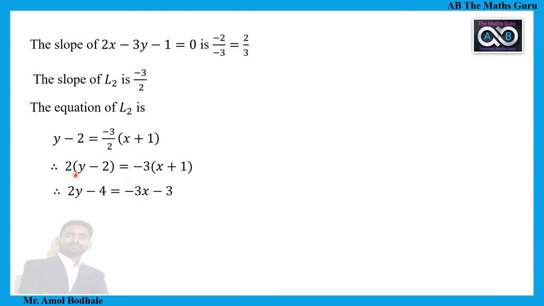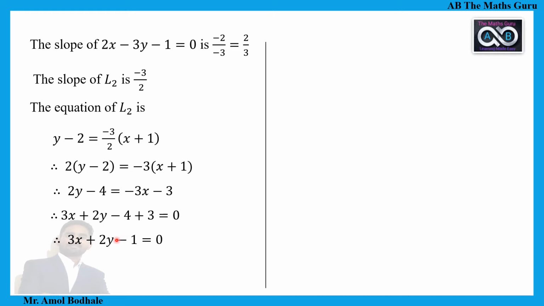If we simplify this, 2y minus 4 equal to minus 3x minus 3. Shift minus 3x and minus 3 to this side, and we get 3x plus 2y minus 4 plus 3 equal to 0. Therefore, 3x plus 2y minus 1 equal to 0. So this is the equation of L2. Now let's calculate the combined equation of L1 and L2.